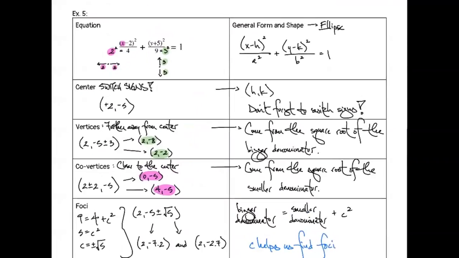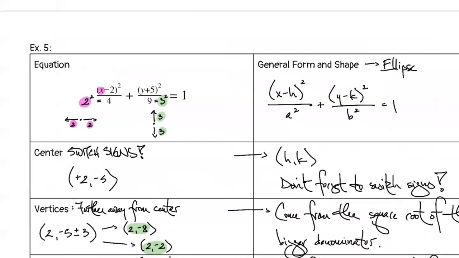Let me ask you some what if questions. I like what if questions because instead of having to go through an entire other example, I mean, we'll go through some examples, but it gives us a way to think about how things change and how to sort of almost prepare for other scenarios. So let's say that I had this: x minus 2 squared over 9 plus y plus 5 squared over 4 equals 1.